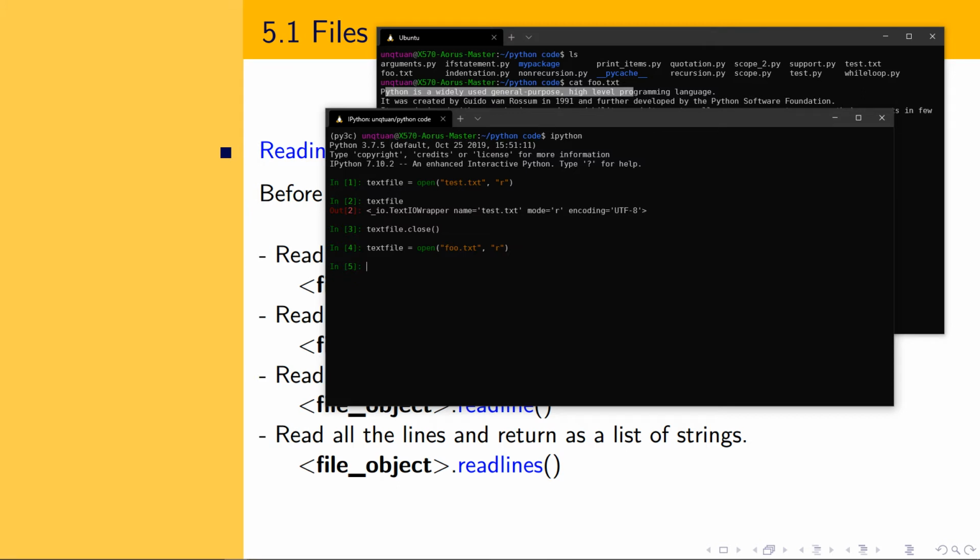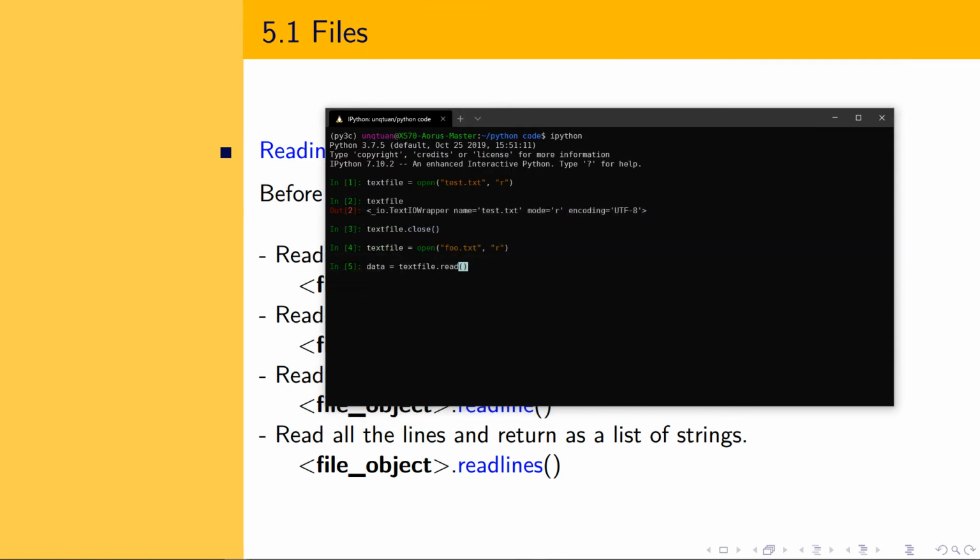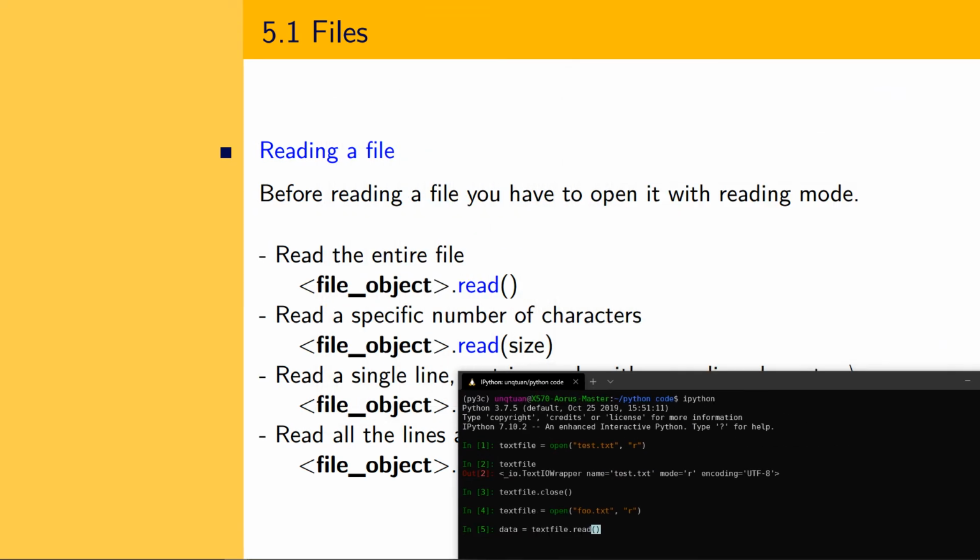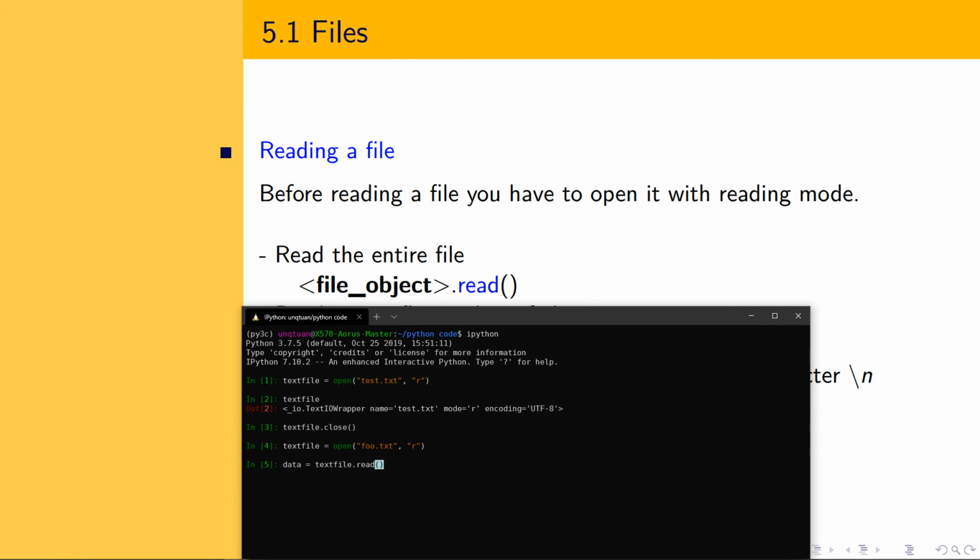And then after I have the file object, I can read it to the data variable, for example. So I use the read function without parameter. Here you can see the read. This function will read the entire file to the data.